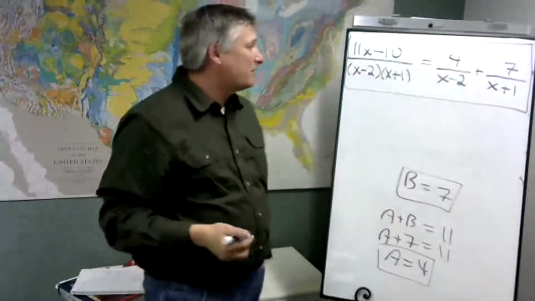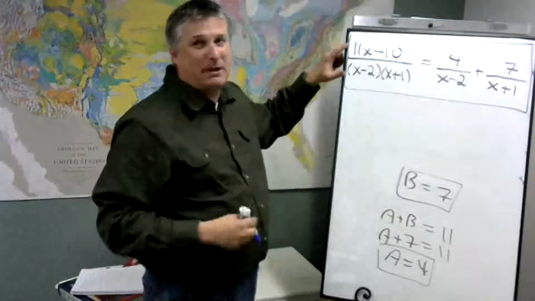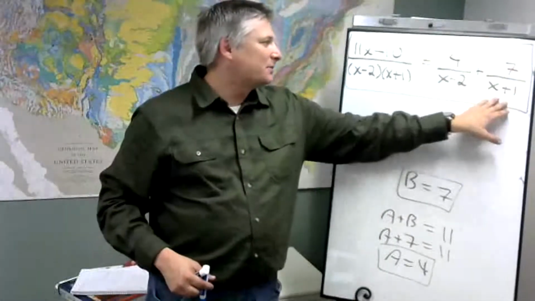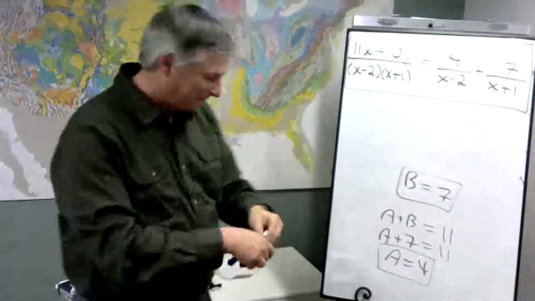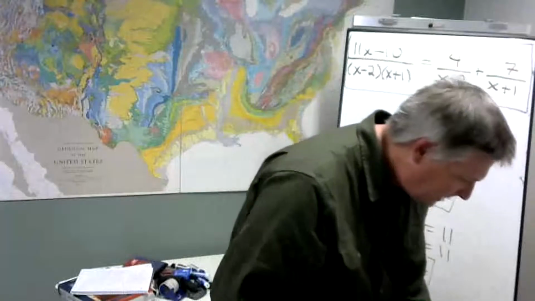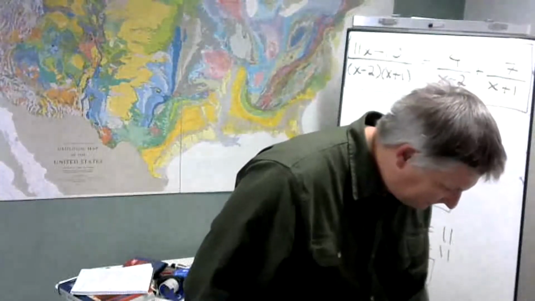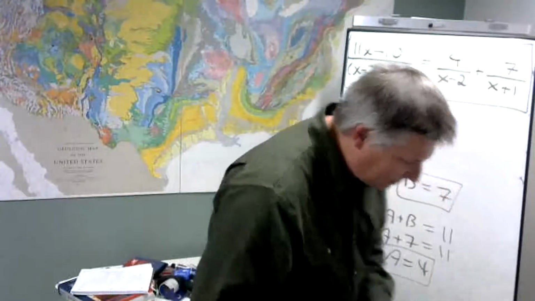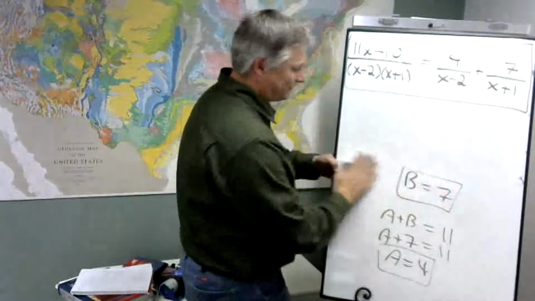So again, when you get to calculus, this could be really painful to integrate, but you can break it down into something like this, much easier to work with. Now there's different versions of this. And let me show you another one.